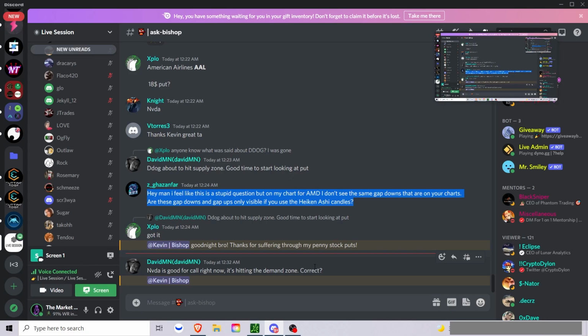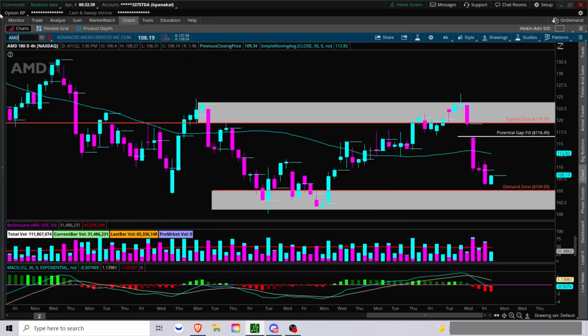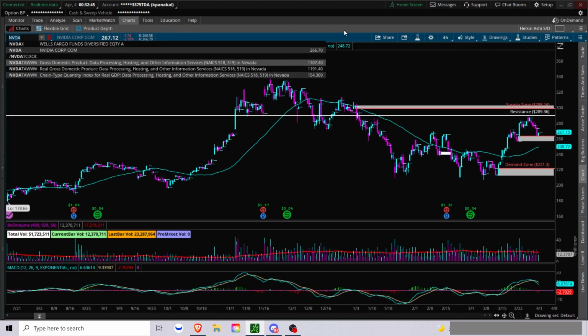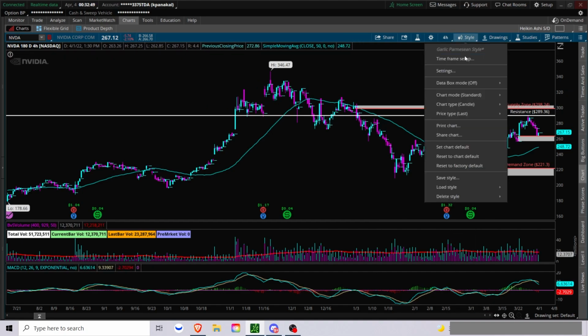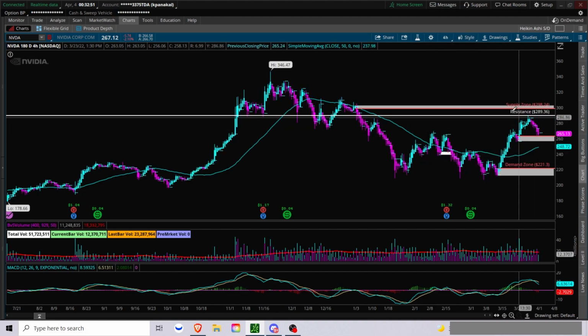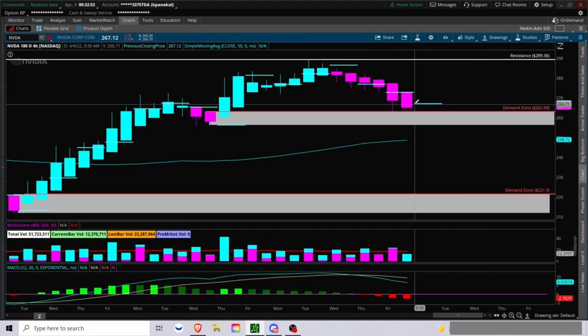NVDA is good for calls right now since it's hitting the demand zone. Let me just check again. It's never good to enter anything without confirmation. So let's see. Yeah, so theoretically, if Monday opens and we see more bullish action, bouncing, then we can enter into calls because it's bouncing off this demand zone.